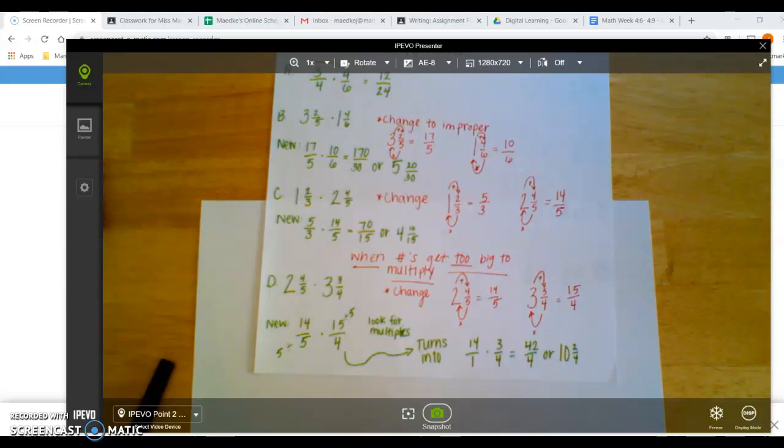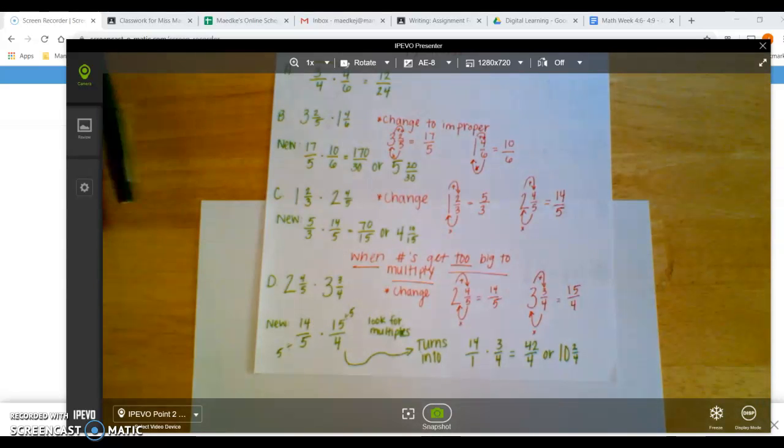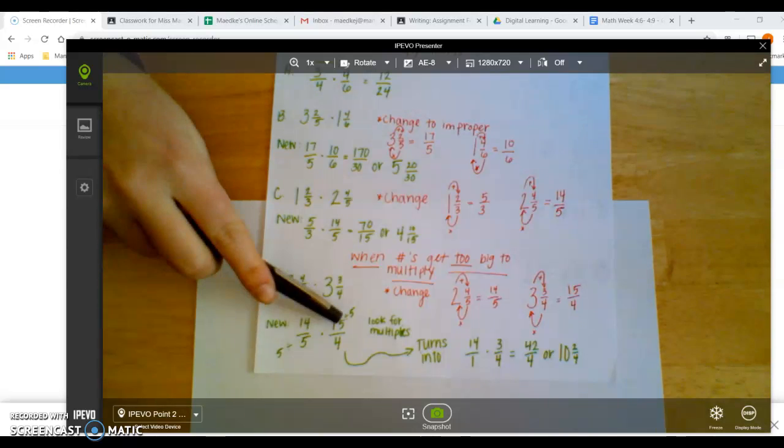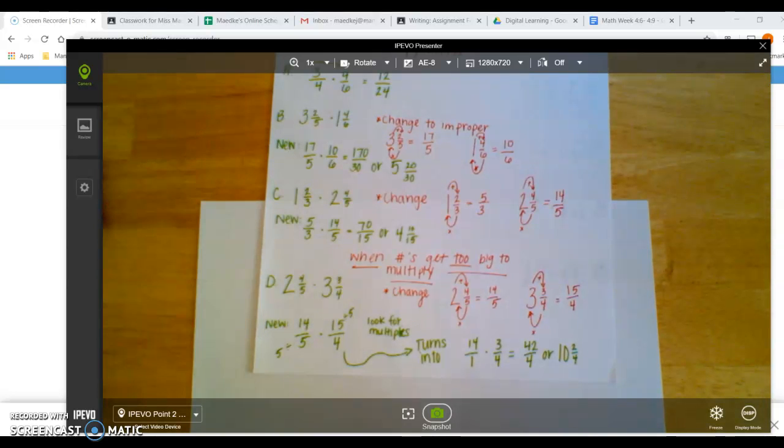So we have this method that we learned where we look at our diagonals and we see, are there any multiples we can divide by? And so if we looked at 14 and 4, we can't divide it by 4. We could divide it by 2. Or we can look here and we have 15 can be divided by 5 and 5 can be divided by 5.